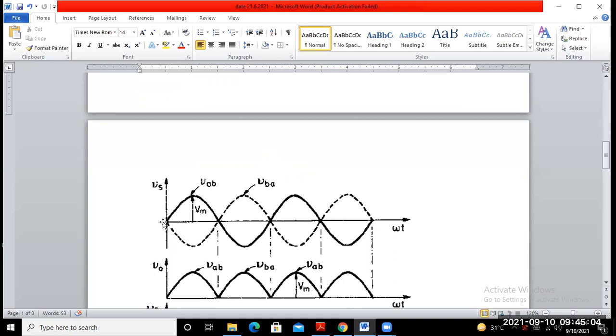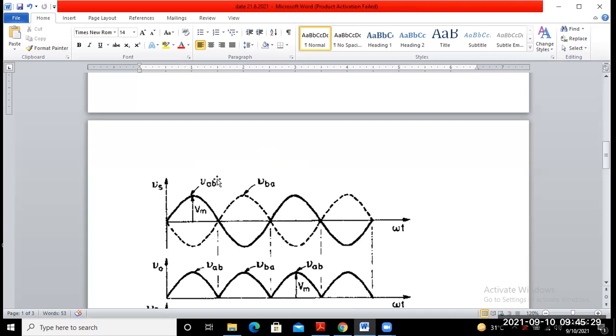Okay, that means 0 to pi is the positive half cycle, and pi to 2 pi is the negative half cycle. Okay, so this voltage waveform will be indicated by VAB, where VAB equals VA minus VB.